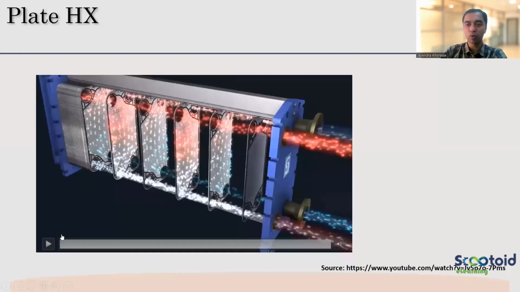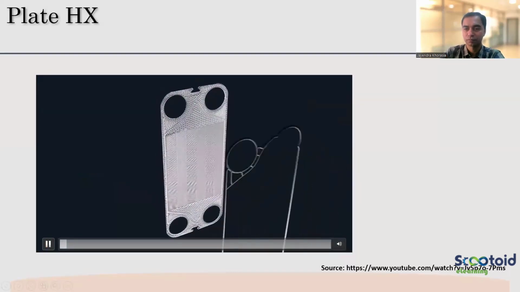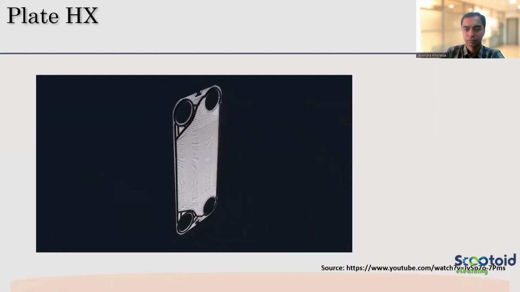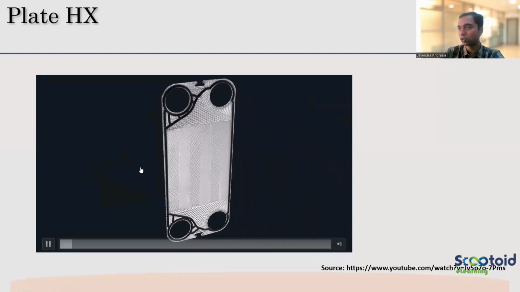Okay, I will play the video once again. Maybe you guys will be able to understand. You can see this corrugated plate. This fluid will move over here only on one side, and alternate.